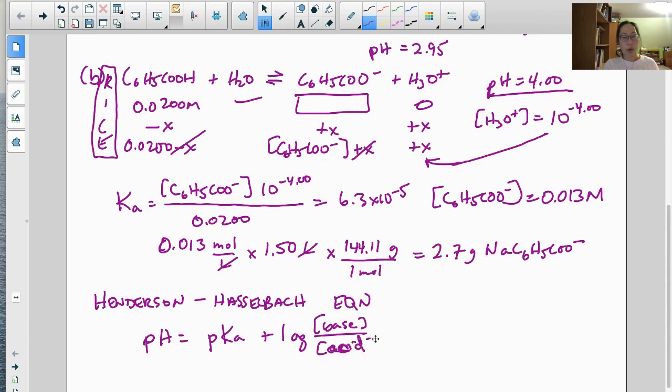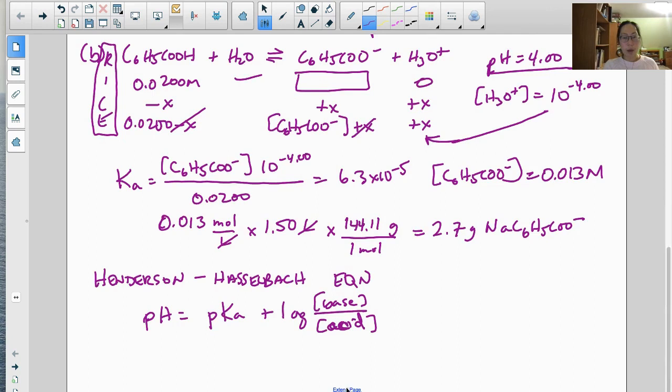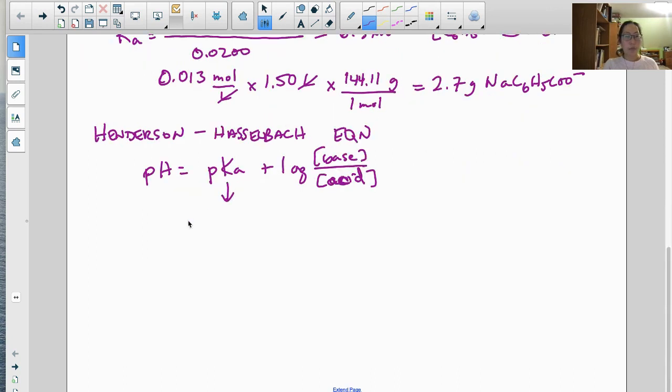Okay, base over acid. So our pKa, remember, is equal to the minus log of our Ka, which is 6.3 times 10 to the minus 5. And then we have our log of what we're trying to figure out. This is our unknown here.